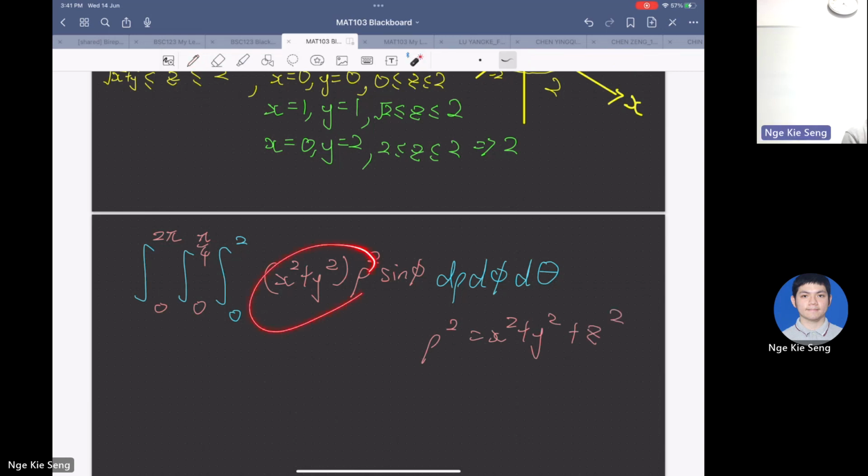But here we only have x squared y squared, meaning we have an extra coordinate if we want to use this. So how? Maybe we can try cylindrical.